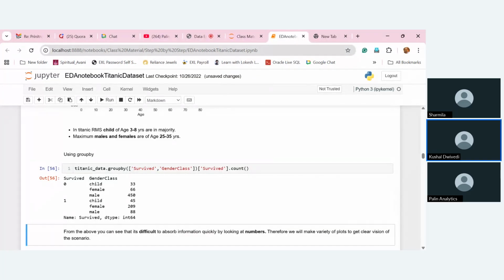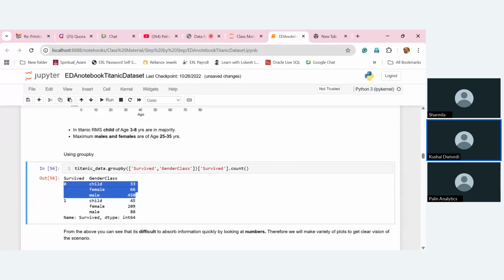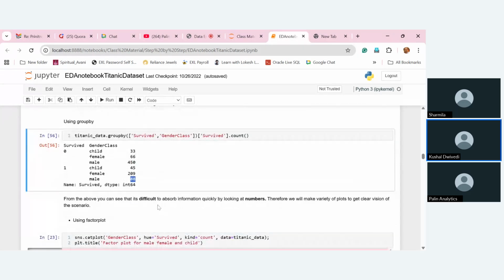So you can see here, in the non-survived, children were very few, females were only 66, and males were 450. But in case of survival, children are more, and females are very high, but males have very low survival. 450 men died, but only 88 men survived.